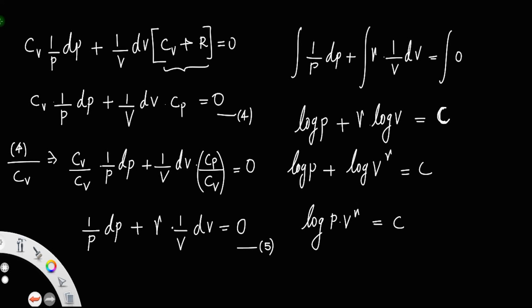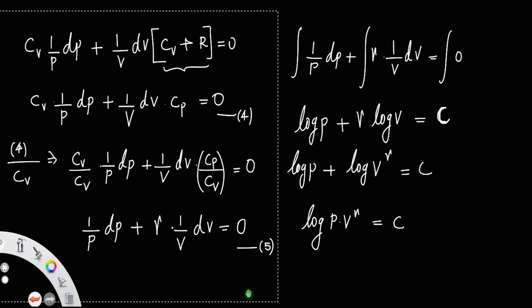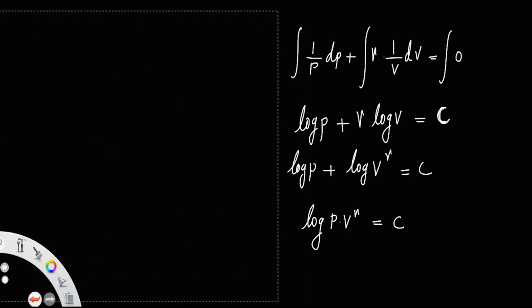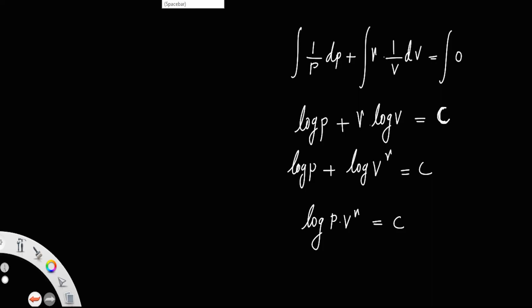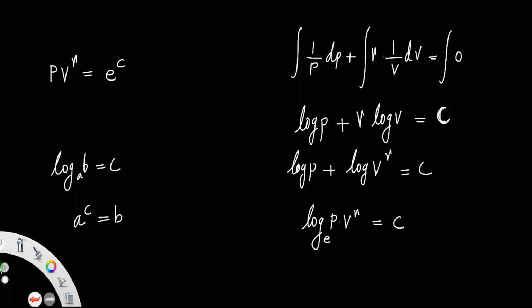Now, if you remove the log, you can write this in the exponential form. Here there is an e. So PV raised to gamma will be e raised to C. You have log A to the base B equal to C, then B raised to C equal to A. Clear? Similarly, e raised to C is equal to PV raised to gamma.